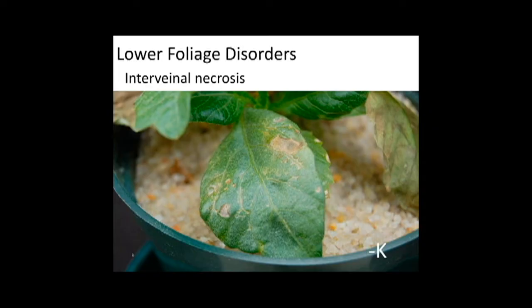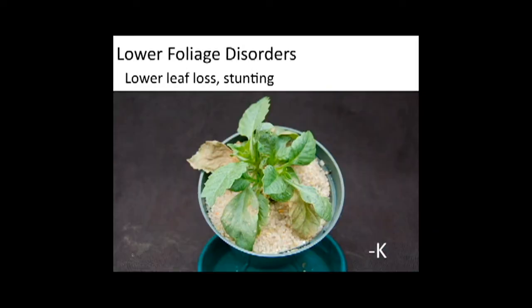You see that there's some necrosis in the interveinal areas starting out here, and then here you can see that those necrotic areas start resulting in lower leaf death, and that is very common to see. And also look at that plant. How big is it? It's very small.